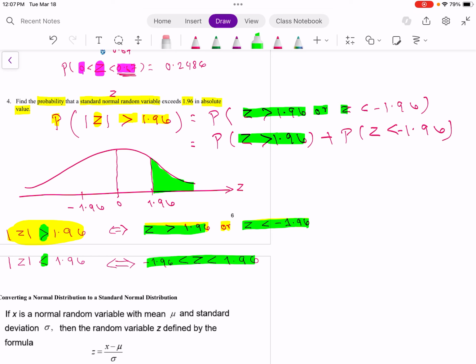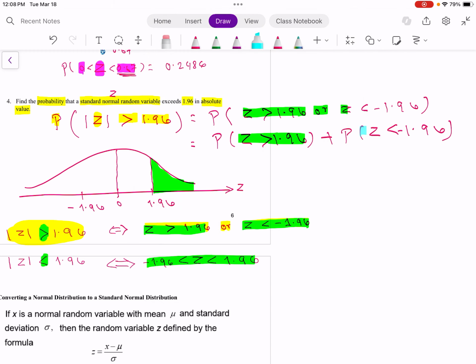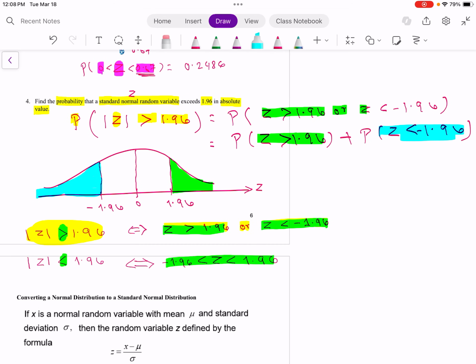Next, the probability that g is less than negative 1.96 means this area. So we need to find the area of these two shaded regions. If we can find them, we have our probability.